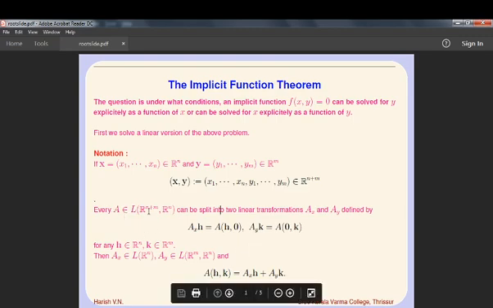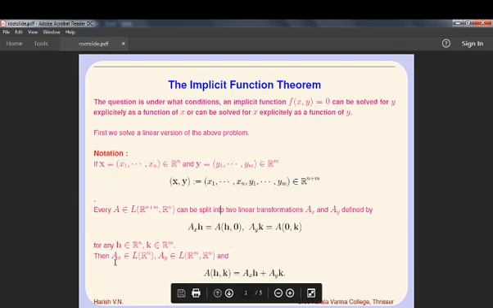So every linear transformation from R n plus m to Rn can split into two linear transformations, Ax and Ay, defined by Ax of h is equal to A of h comma 0 and Ay of k equal to A of 0 comma k for h in Rn and k in Rm.